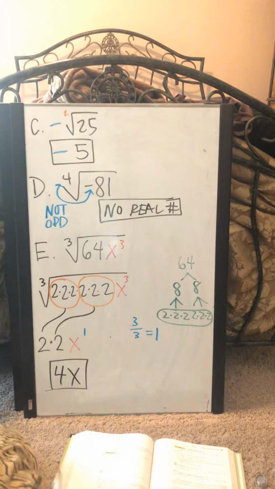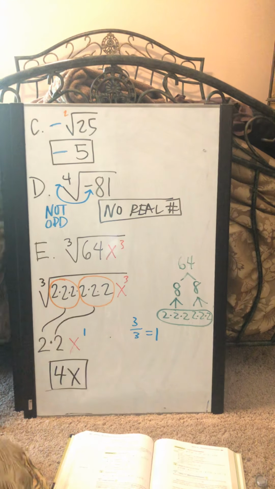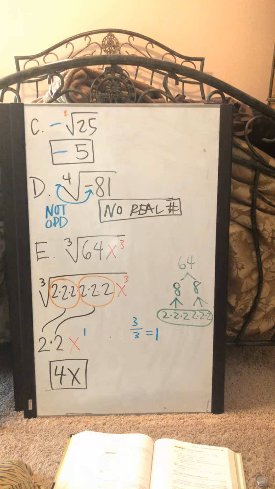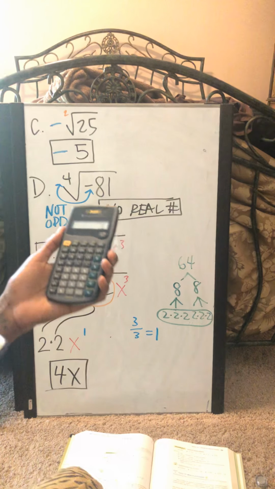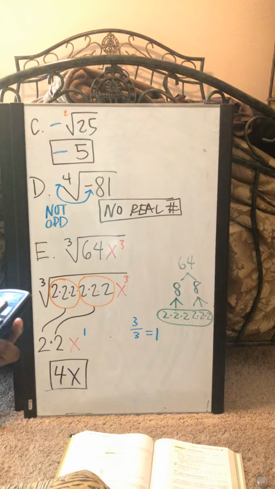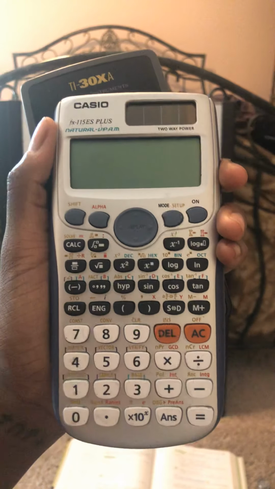I know that was a lot of steps going on. Again, depending on what type of calculator you have, you might be able to plug some of this stuff in. If you have a simple calculator, you probably will have to do it by hand. But if you have a more advanced calculator, like if you look on here, this one actually has it cubed.